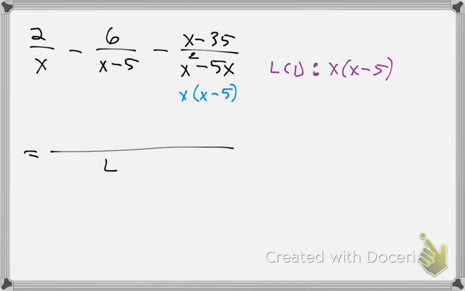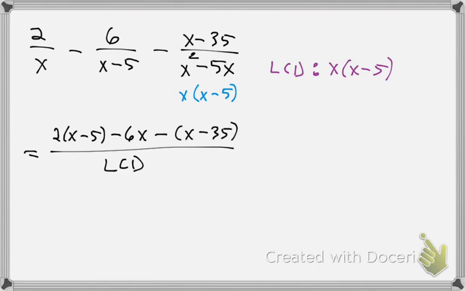So everything over LCD, right? What was missing from the first one? x minus 5. So you have a 2 times x minus 5. What was missing from the second one? x. So minus 6 times x. What was missing from the third one? Nothing. So it's just minus x minus 35.